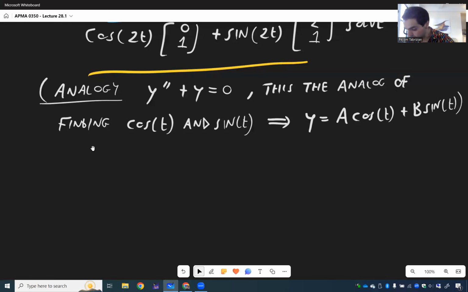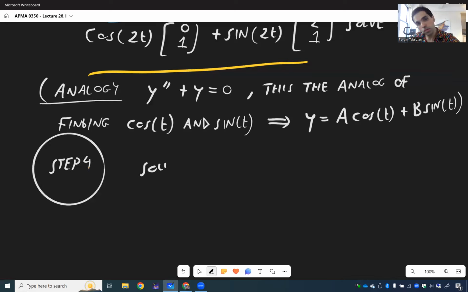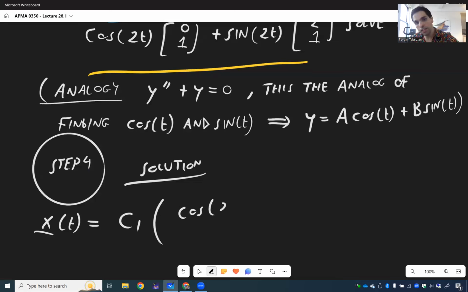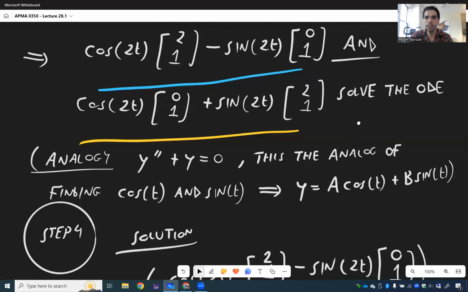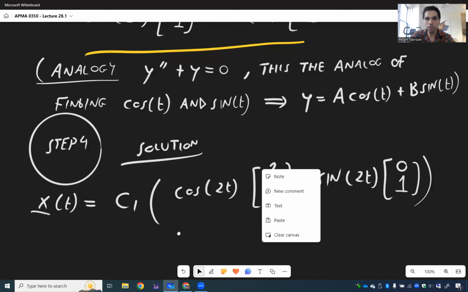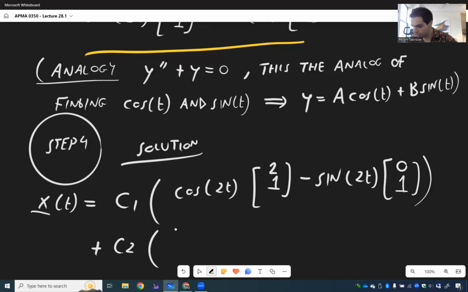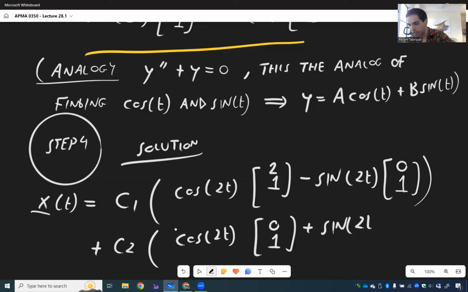So maybe let's do step 4. Solution: x of t is C1 times cosine 2t times (2, 1) minus sine of 2t times (0, 1), that was that first part in blue, plus C2 times cosine 2t times (0, 1) plus sine of 2t times (2, 1), so the cross terms.